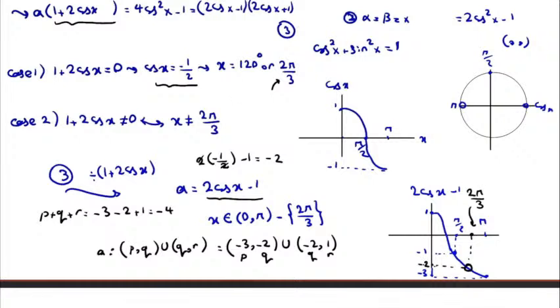And we can see if a equal to negative 2, it's not possible because again x is 2 pi over 3 and we want more than 1 x. So for all other cases from 0 to pi except 2 pi over 3, we have answer x. So for a, because a equal to 2 cos x minus 1, it will be from negative 3 to negative 2 and from negative 2 to 1, and we solve this problem.